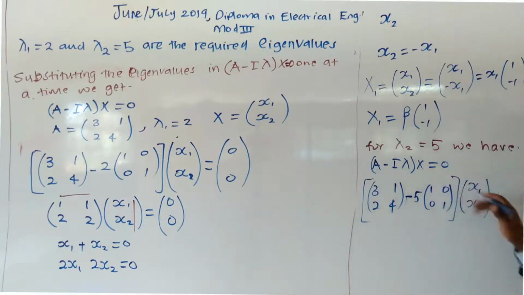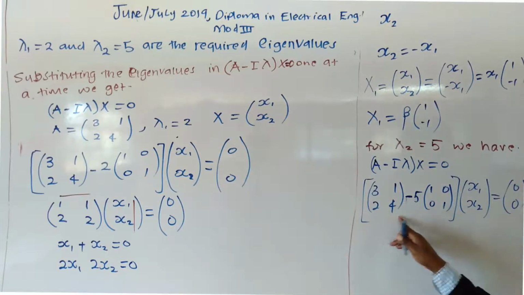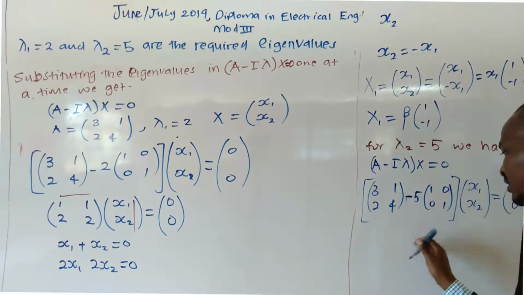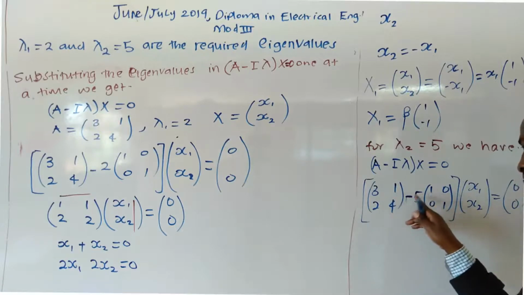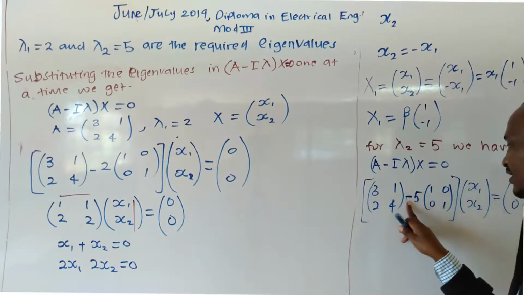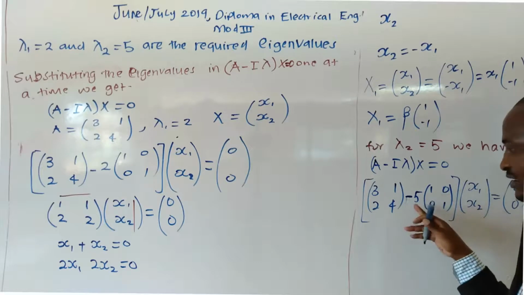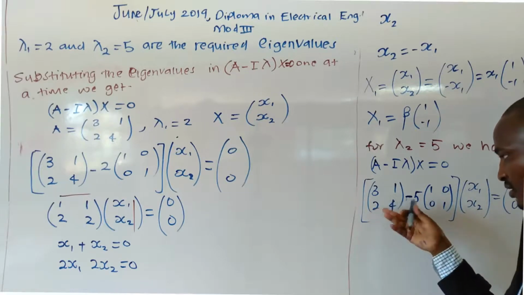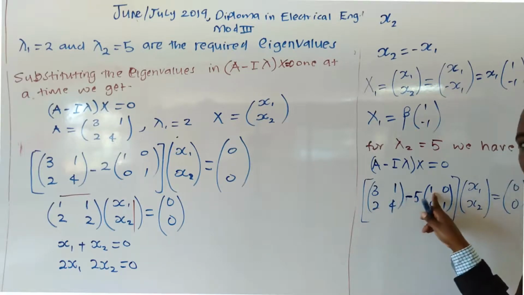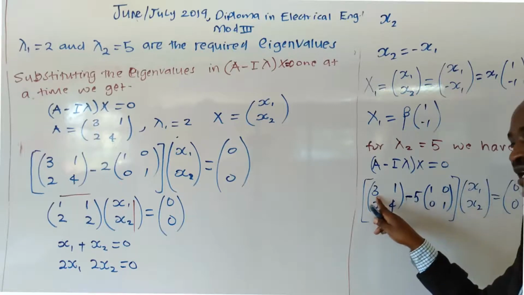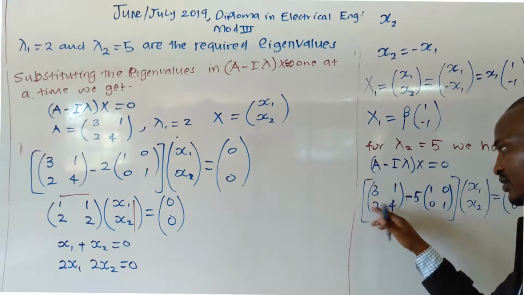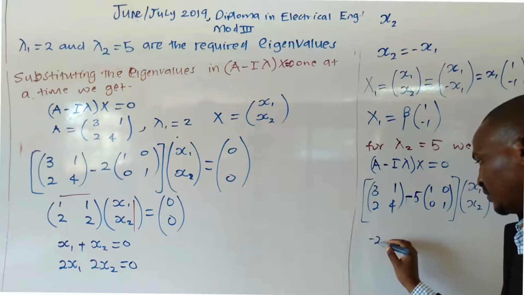All these we are equating to 0. We also write that one in matrix form. If we now do the subtraction here, we get 5 times 1, 5, subtract that from 3, it is negative 2.